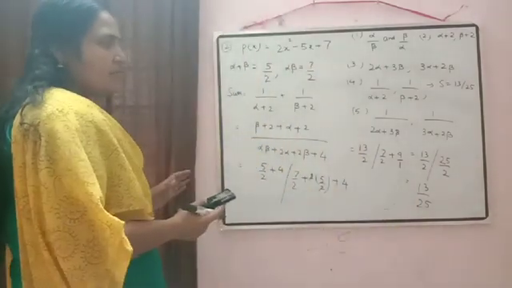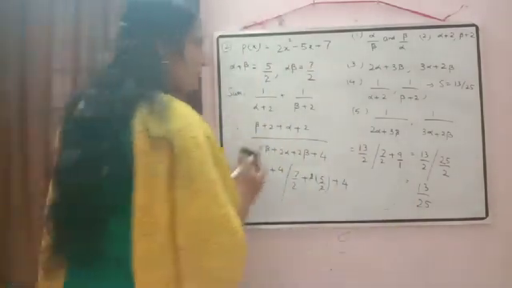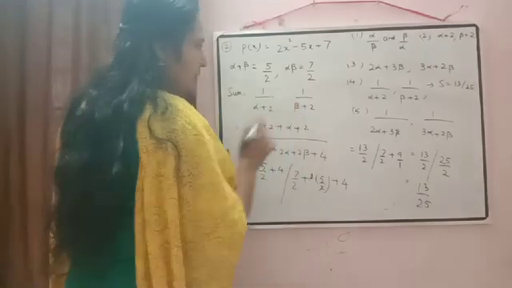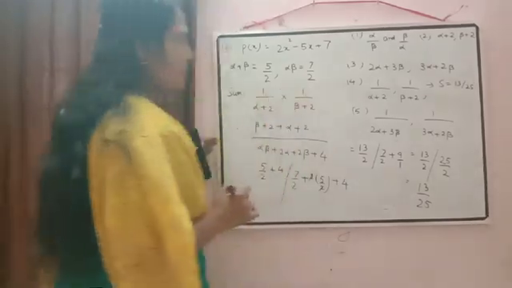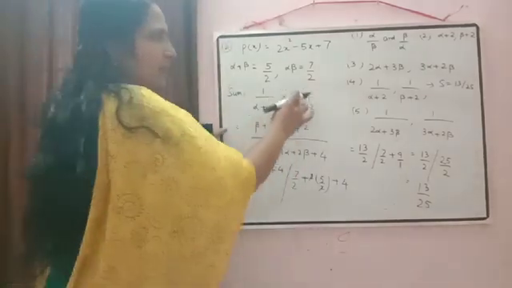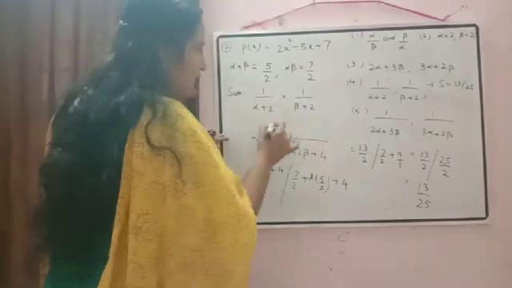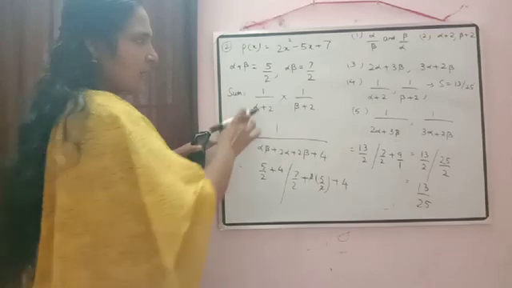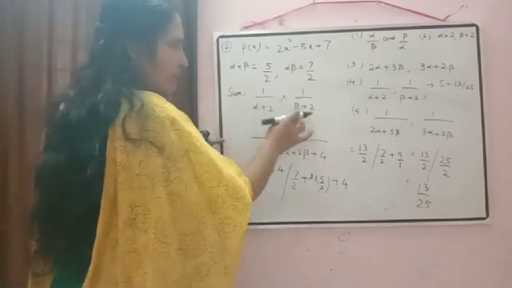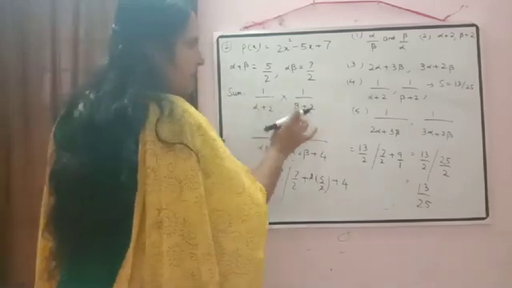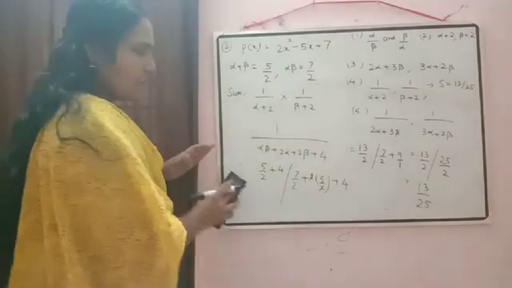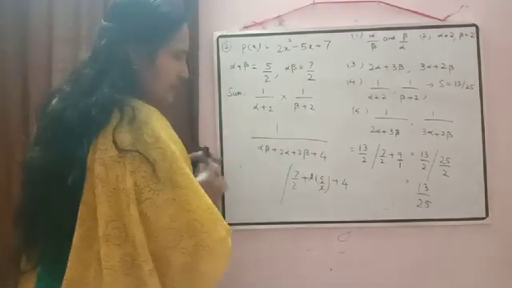Now we can check what will be the product there. In the product what we will do? Here change will come here only. 1 by alpha plus 2 into 1 by beta plus 2. So here in the numerator we will get 1. Denominator will be same only. Alpha beta plus 2 alpha plus 2 beta plus 4. Now we will not do anything there, just check.